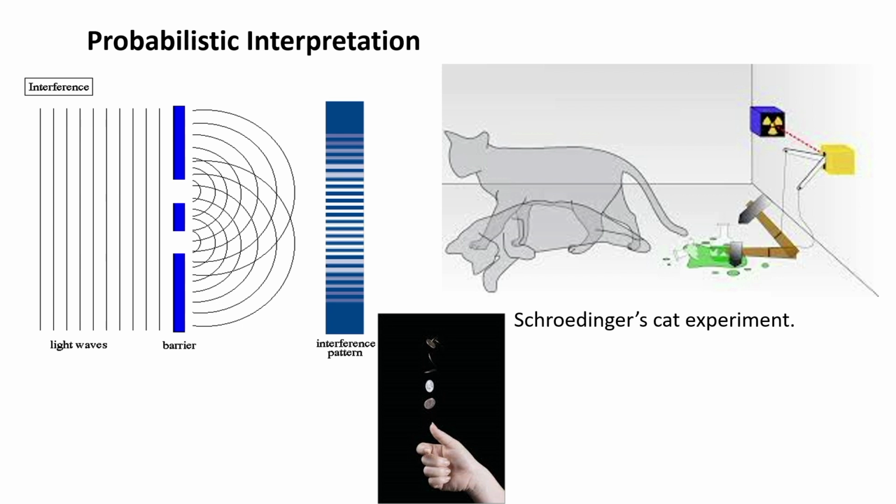Okay. The right picture is about a cat, and it is called the famous Schrodinger's cat experiment. The cat is kept in a room, and there is this green colored apparatus that you are seeing, which is a container.